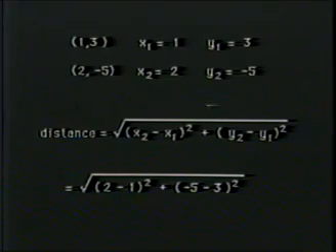That gives us what we see here. Then we just simplify the arithmetic, which gives us our answer for the distance, the square root of 65, or an irrational number slightly larger than 8.